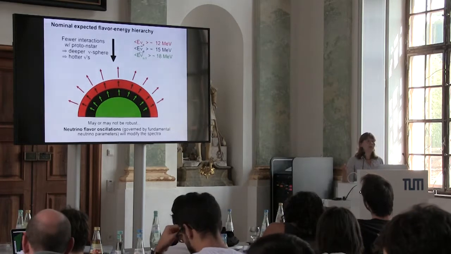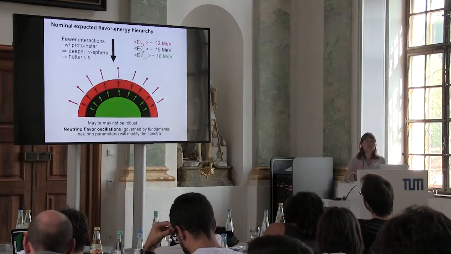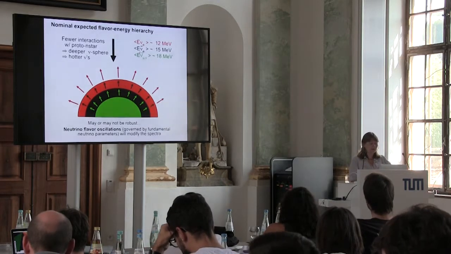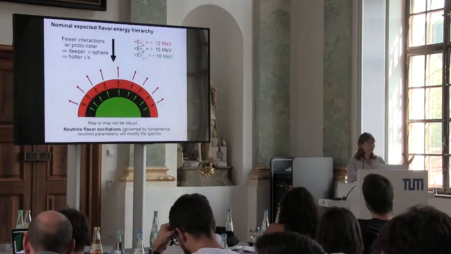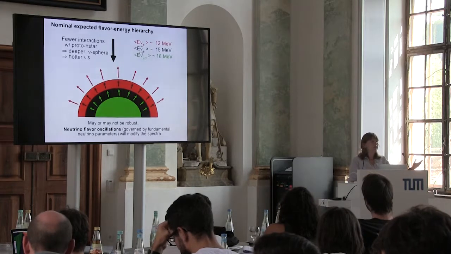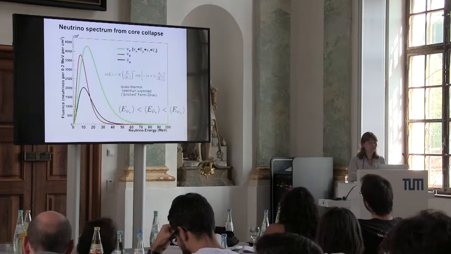But there are also effects where the number density of neutrinos is so high that the neutrinos can actually interact with themselves, which gives you complicated nonlinear effects, also known collectively as collective oscillations, and there's a whole phenomenology of that, which can modify the spectrum in non-trivial ways, but usually at somewhat later times.